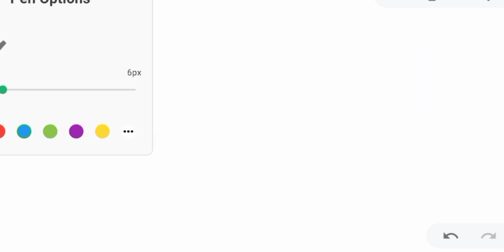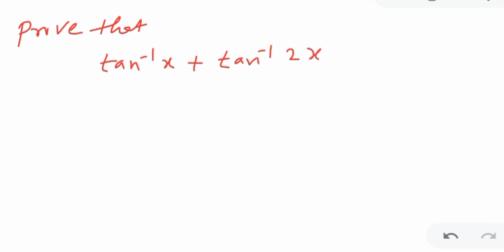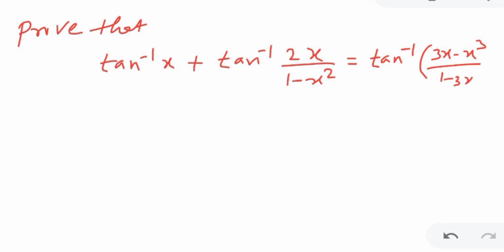So what is the question? I am writing the question: prove that tan inverse x plus tan inverse 2x divided by 1 minus x square is equal to tan inverse (3x minus x cube) divided by (1 minus 3x square).